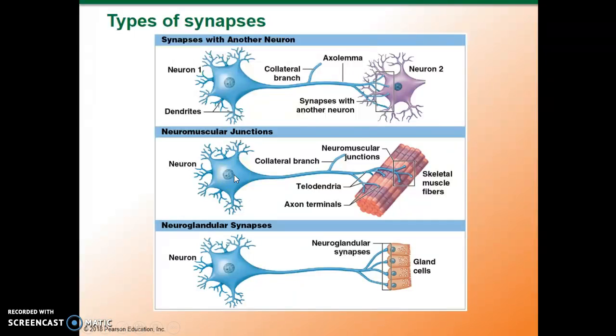Here in the second picture, the presynaptic neuron synapses with a muscle fiber. The postsynaptic cell is a muscle cell. And in the third picture, it is synapsing with glands. So the presynaptic cell is a neuron. The postsynaptic cell is a gland. The presynaptic cell will always be a neuron.